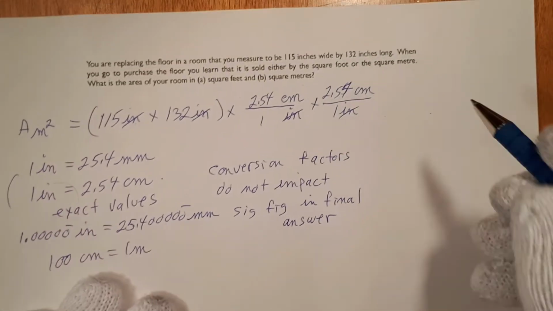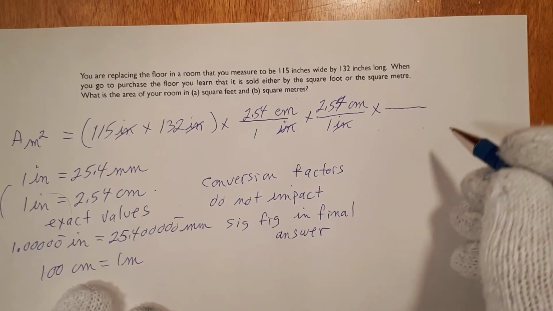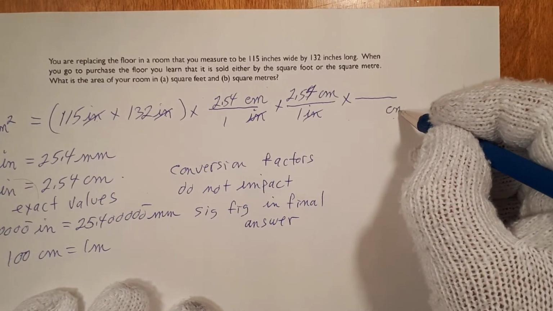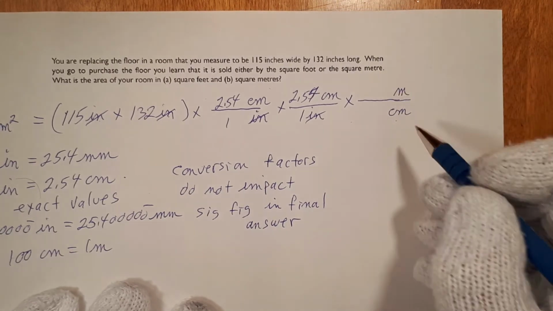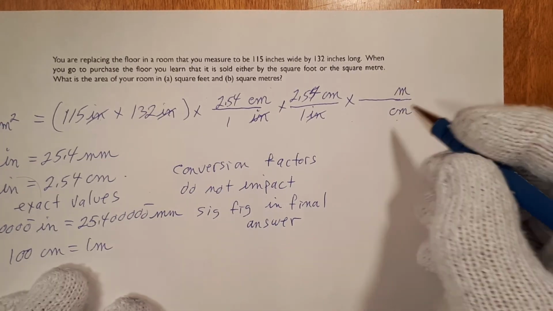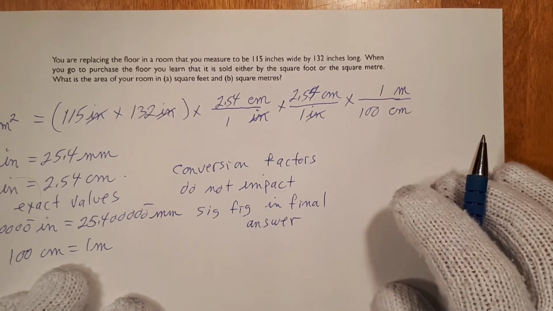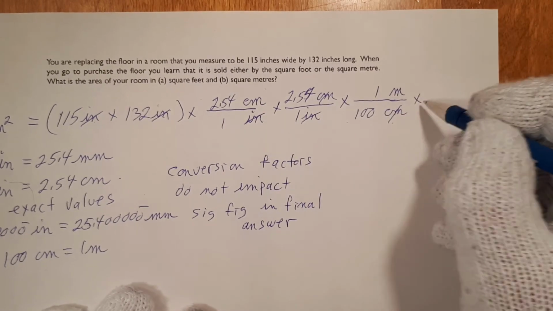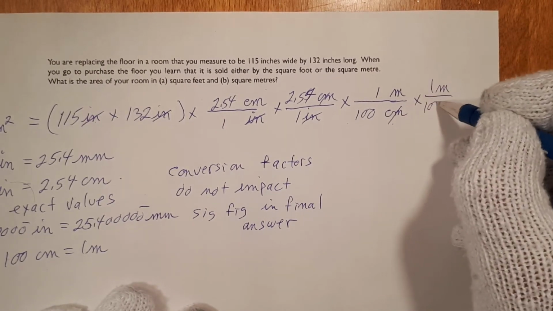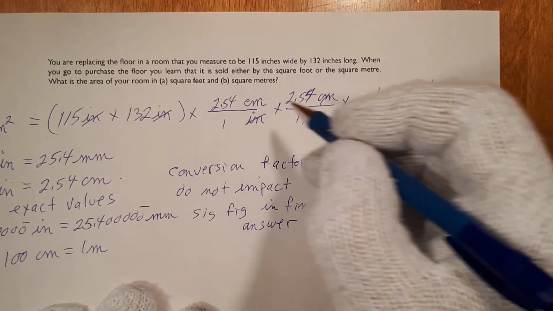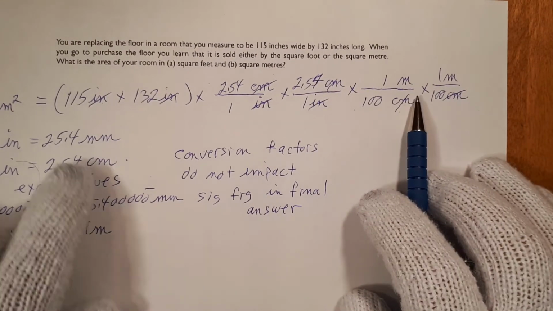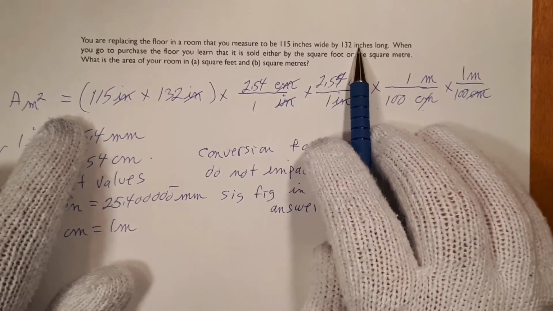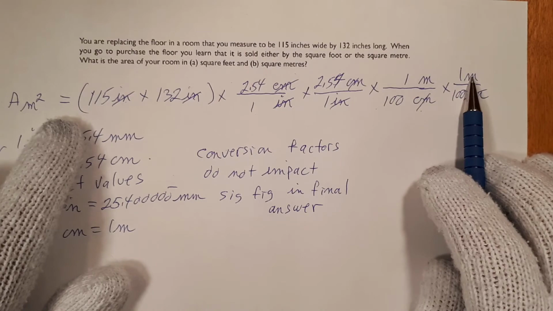Using this conversion factor, carrying on, multiplied by, I want to cancel out the centimeters, so I'll put centimeters in the denominator, and then the meters will go in the numerator. And the number for the centimeters is 100 and 1 meter. That takes care of 1, but I have 1 left over, so I have to do it again. 100 centimeters cancel out. All of these numbers effectively change the 115 inches by 132 into square meters.